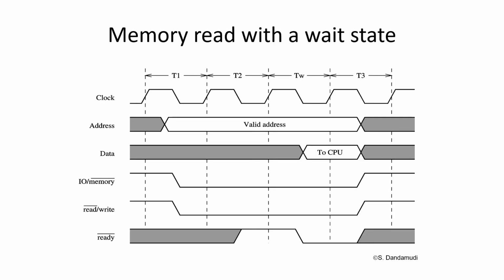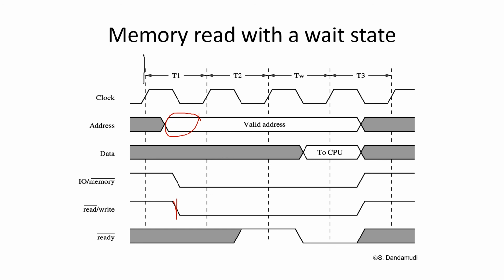So here shows a picture of how the system might be able to read information. It starts at time 1, where the system decides it's going to want to read something. So during the first time period, it puts the address on the bus and tells the system that it wants to read from memory. And then it waits for a while.